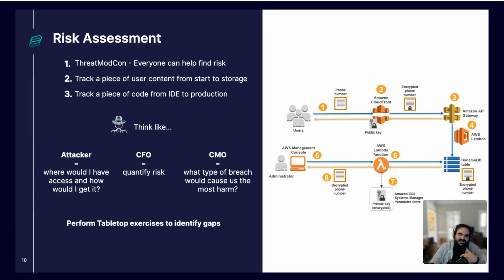And the next idea is tracing a piece of code from IDE to production. And that's something Tristan brought up as well in the last slide. It's important because when you walk through this process, you'll see the things that your developers are actually doing, because a lot of the time it's going to be things that you're just totally unaware of. Things like developers saying, oh yeah, we always just run this script in production, we all just SSH to this box and run it.